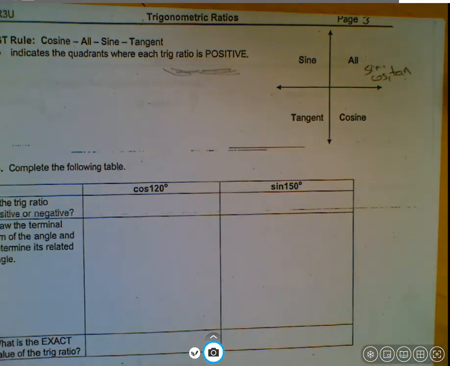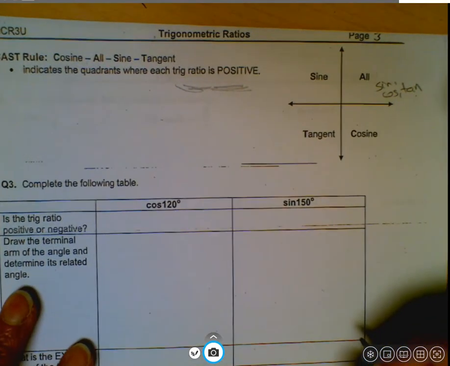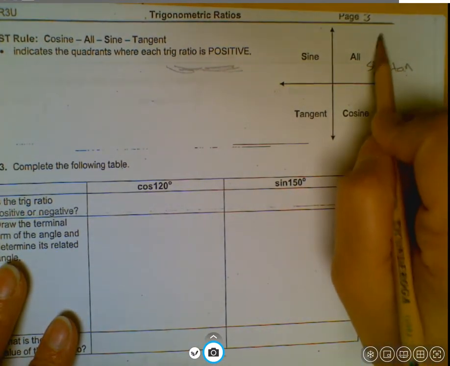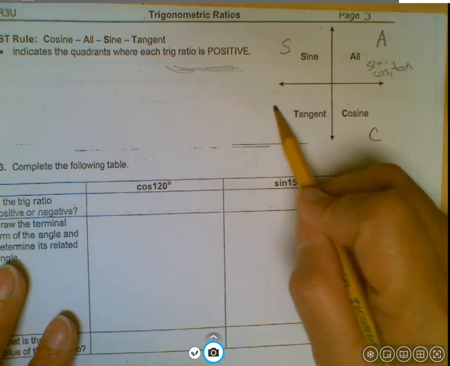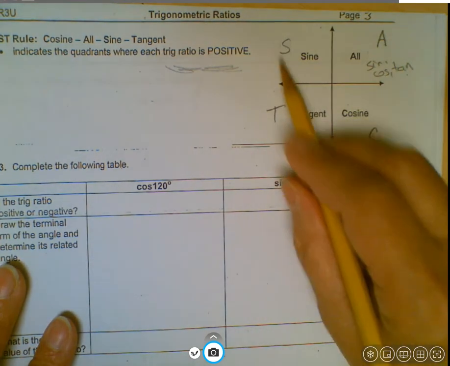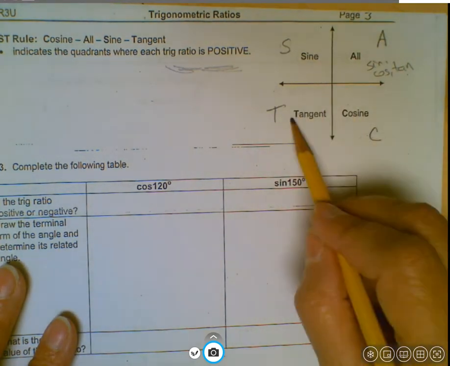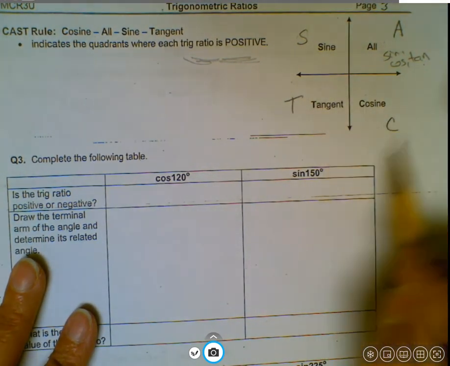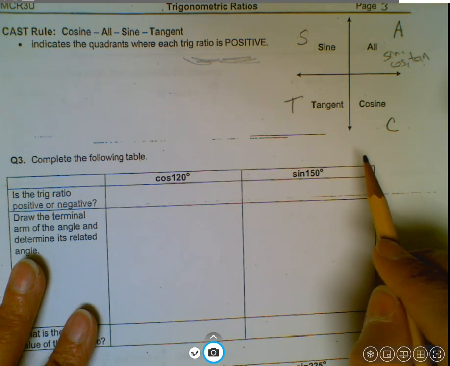And the reason I don't love it so much is because it's a memory tool, but also they start labeling this from quadrant 4 and they go C-A-S-T, C-A-S-T, but starting from quadrant 4, not from quadrant 1. So it's very easy to mess this up and start counting from the wrong quadrants.